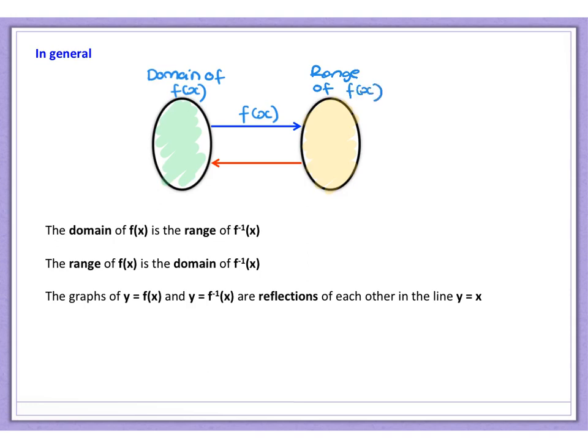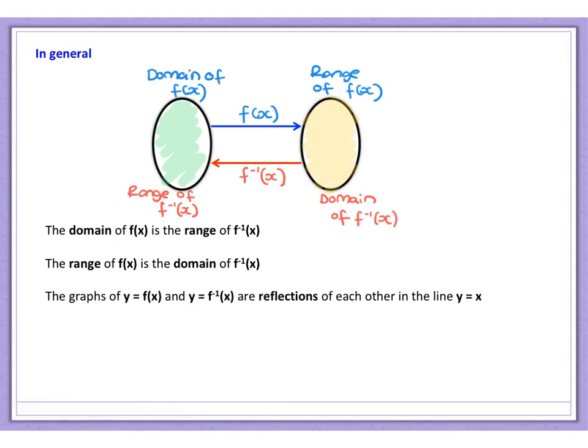The inverse function, f minus 1 of x, then takes us from its own domain, which is the same as the range of f of x, and maps us to the range of f minus 1 of x, the inverse function, which is the same as the domain of f of x.